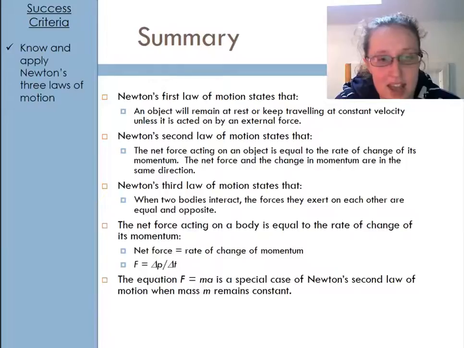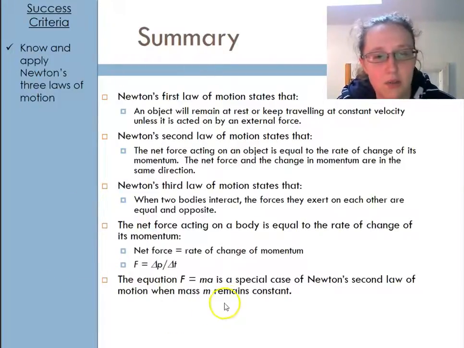So just as a note how we would write that using algebra, net force equals rate of change of momentum, so F equals delta p over delta t. So that's another way that you can write that. The equation F equals ma, which we have talked about before, is a special case of Newton's second law of motion, and it's only true when mass remains constant.